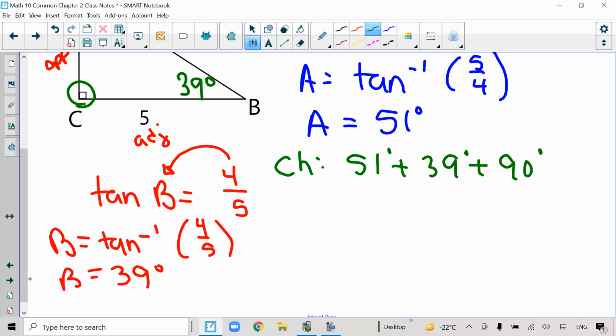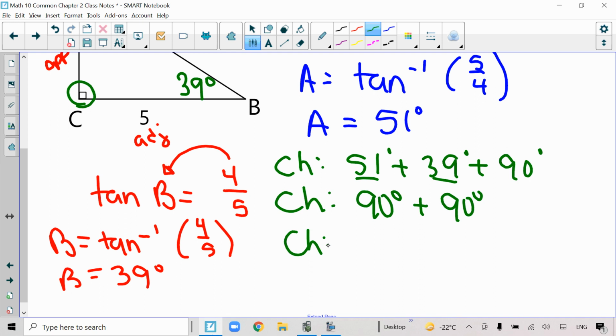Well, if I've done it correctly, they should add up to 180. So let's go ahead and add those together. So 51 and 39 works out to be 90 degrees, plus 90 degrees. That is 180 degrees. So I know I did that correctly.